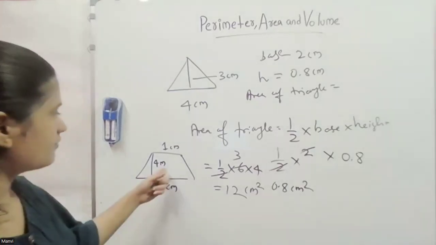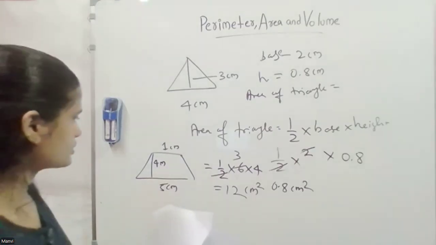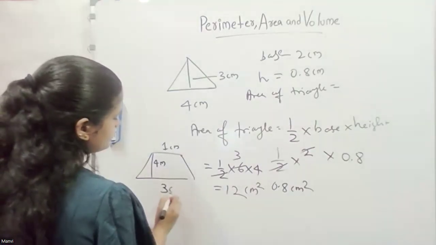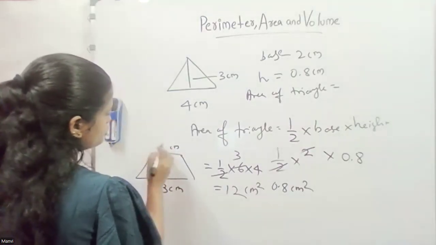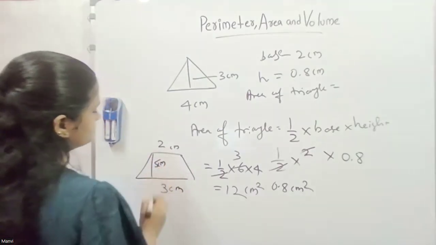Now calculate the area of one trapezium, which is 3 centimeter, that is 2 centimeter, and height is 5 centimeter.